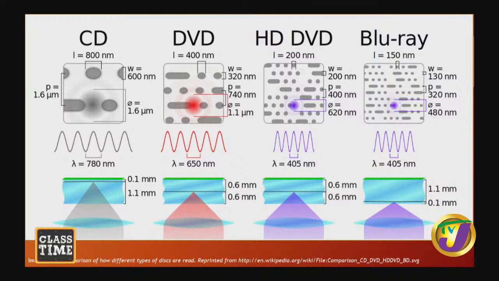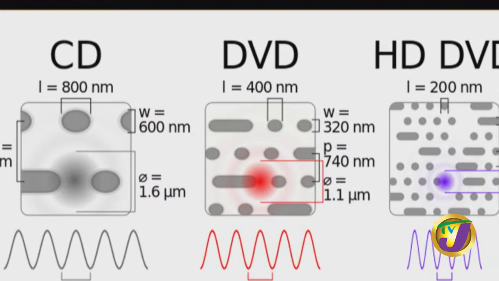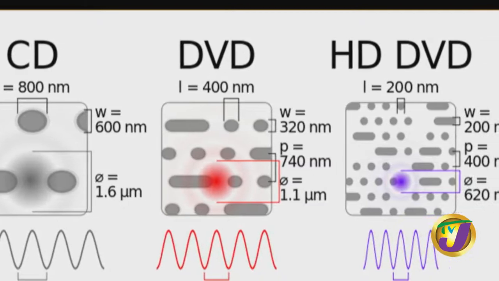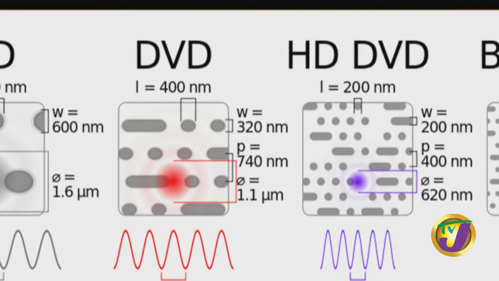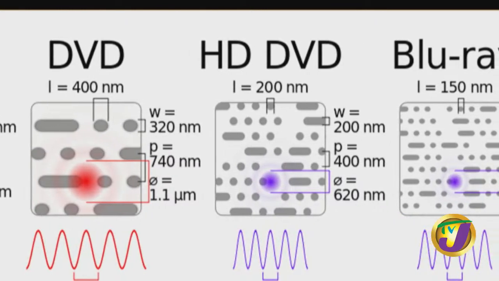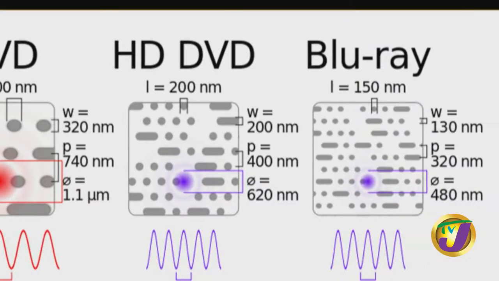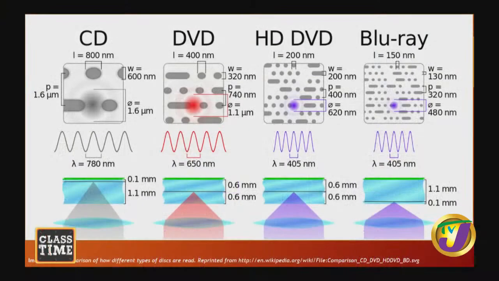With your CDs, you have a certain measurement for your pit or your land. All right. So your laser burns on these devices in that manner. But for your DVDs, these pits and lands get remarkably smaller than your CD. And if you have a dual layer DVD, those very same measurements for your pits and lands are reflected on both layers, or the different layers that exist there.